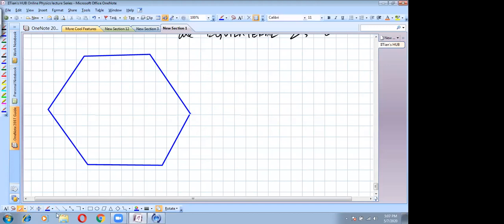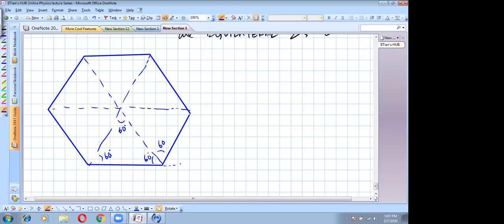So it's not a perfect diagram, but anyway. More or less something like this. We'll correct that later. Now what is happening? This angle is 60, this angle is 60, this angle is 60. In the next angle, this angle is also 60. So what happens? This exterior angle, this is also 60.